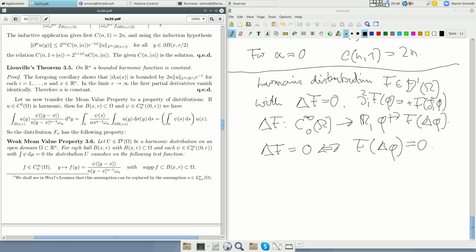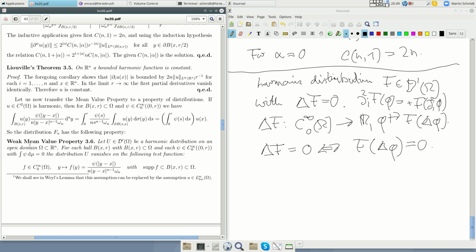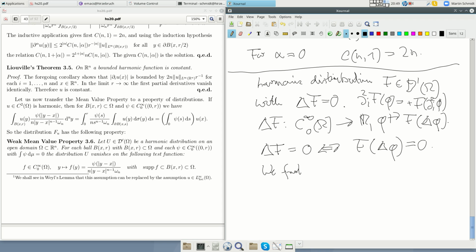We first prove one direction. We first prove that a harmonic distribution has some kind of weak mean value property.